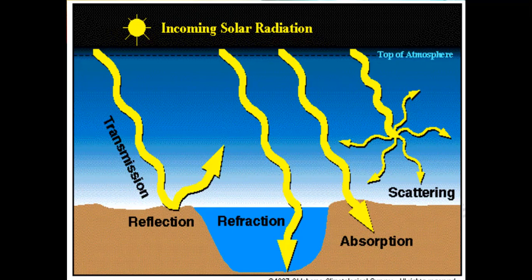Oxygen and ozone that are present in the atmosphere are said to be good absorbers of solar radiation shorter than 0.29 micrometers. At high altitudes, oxygen absorbs most of the ultraviolet rays.